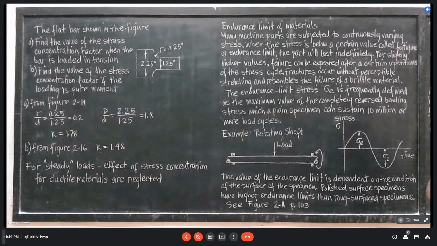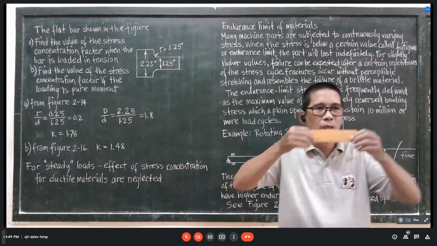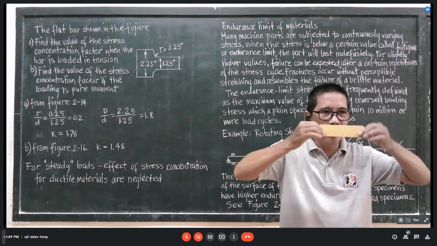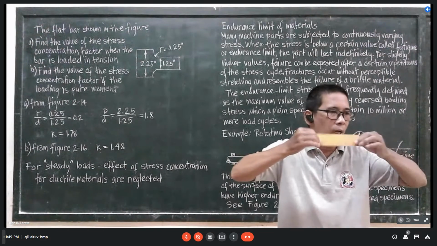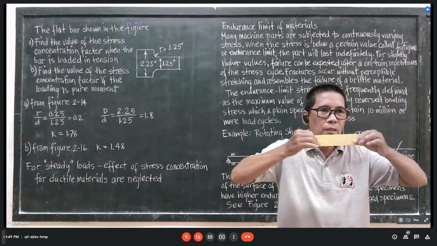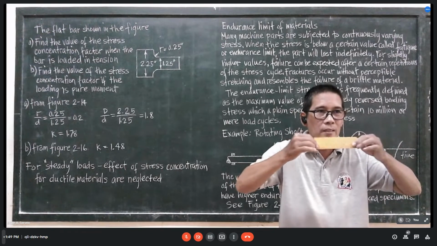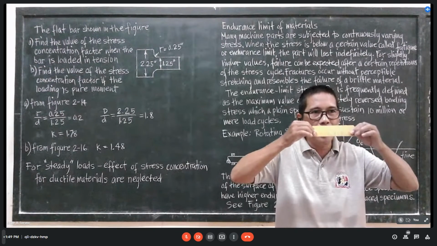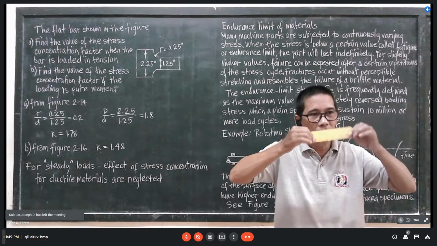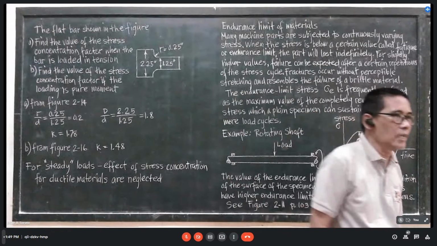If it does not fail, you have not yet reached it. You apply a fluctuating load, and then you reach 10 million, it did not fail, so you have not yet reached the endurance limit. You increase until such time that upon reaching 10 million, it already fails, then you have reached the endurance limit.